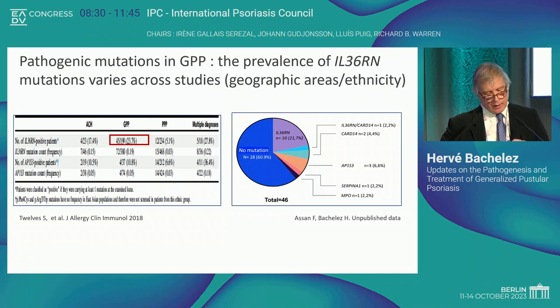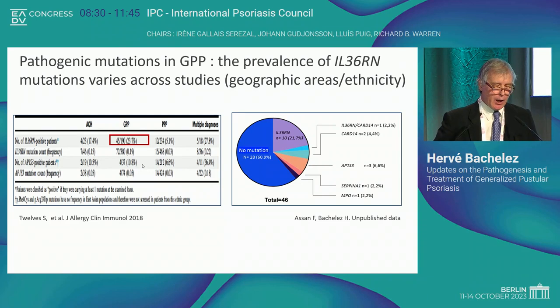Just one comment, in families where it's an autosomal recessive model, in the Tunisian family, there was no case of GPP in heterozygous carriers, meaning that it's questionable, it's debatable if the heterozygous have really a phenotype.